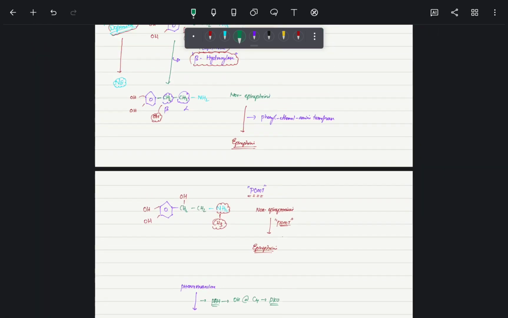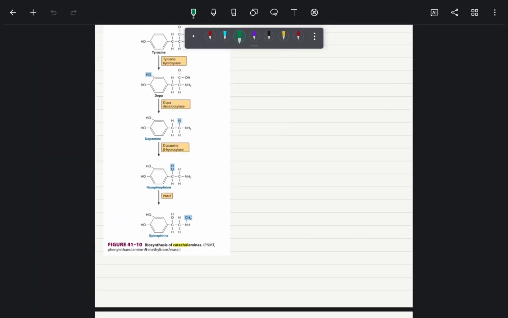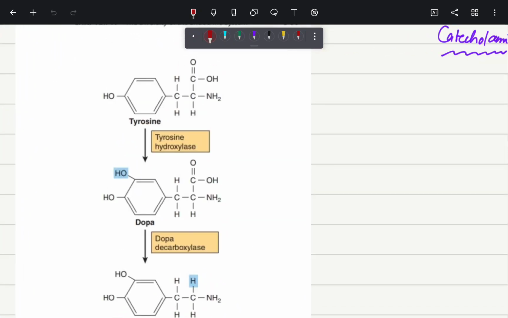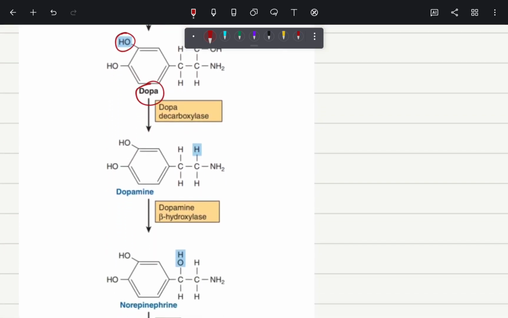Now we will just go to the diagram which is given in your biochemistry textbook. So as you can see here, the tyrosine is getting converted into dopa by an enzyme called tyrosine hydroxylase, which was adding hydroxylation at carbon number 3. Eventually dopa decarboxylase will remove carbon dioxide from it.